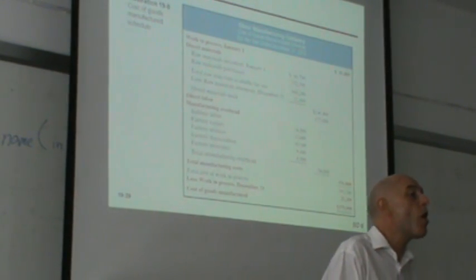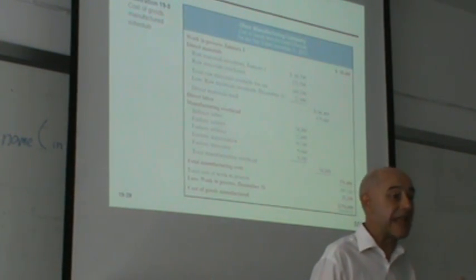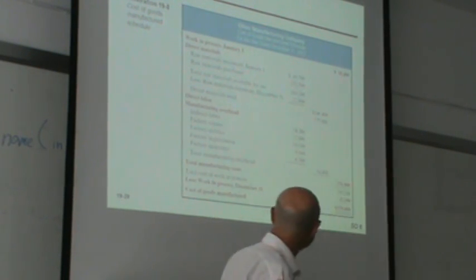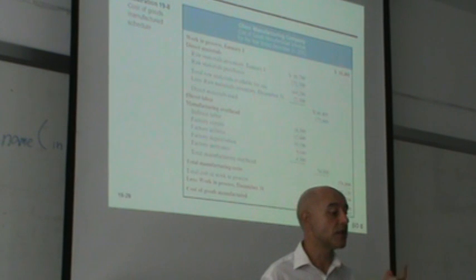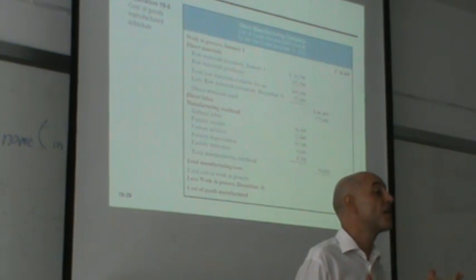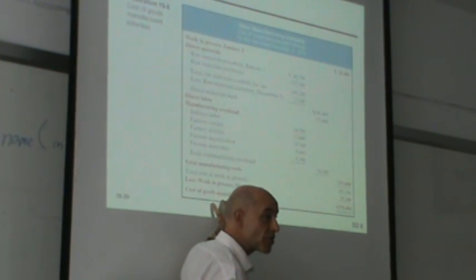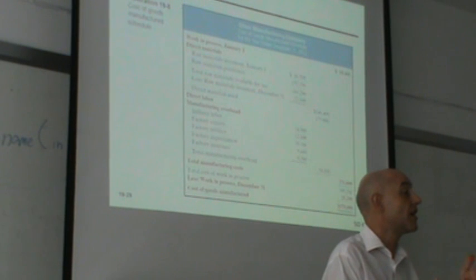Now, if we produced 370 units for a cost of 370,000, 1 unit costs 1,000. So, once you have the cost of goods manufactured, you need to calculate how many units you made later on.